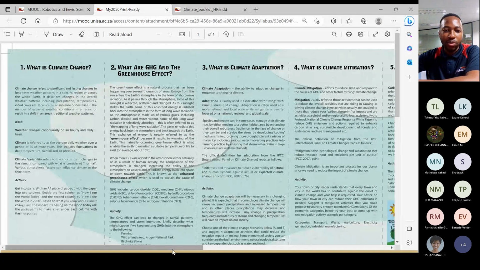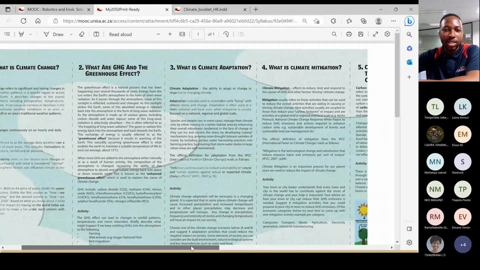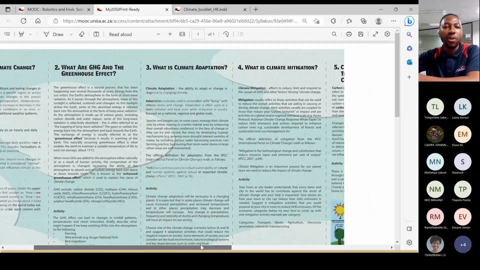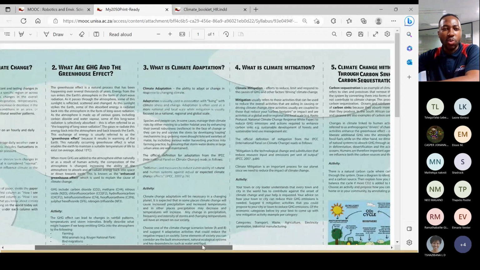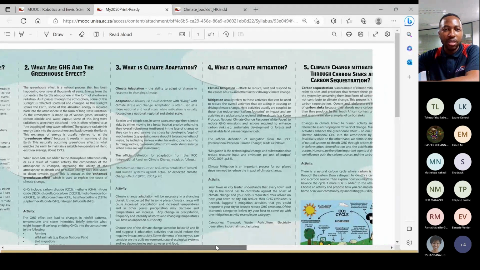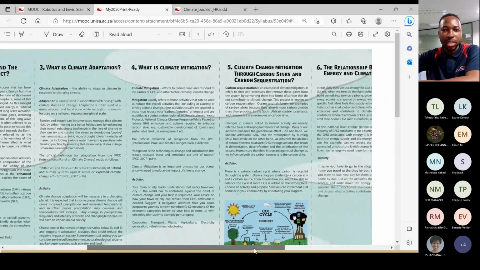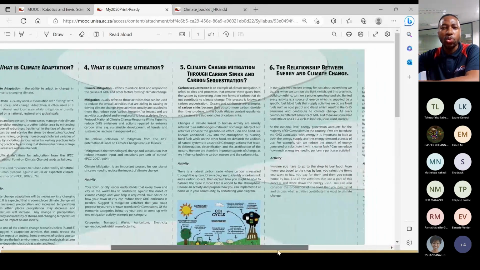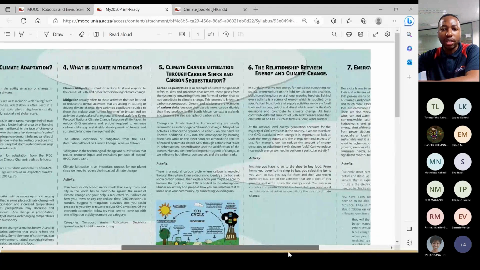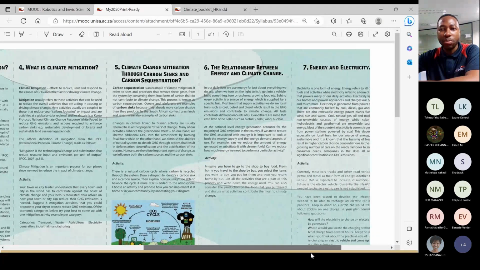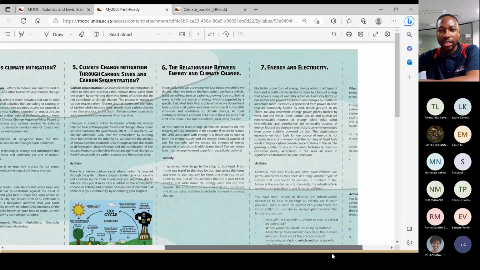You can play a game of asking your learners. This is just the basis. This is the theory part of it. And what are GHG? This is greenhouse gas emissions and the greenhouse gas effect. What is climate adaptation and what is climate mitigation? These are some of the words or the mini topics that one can introduce to the learners.